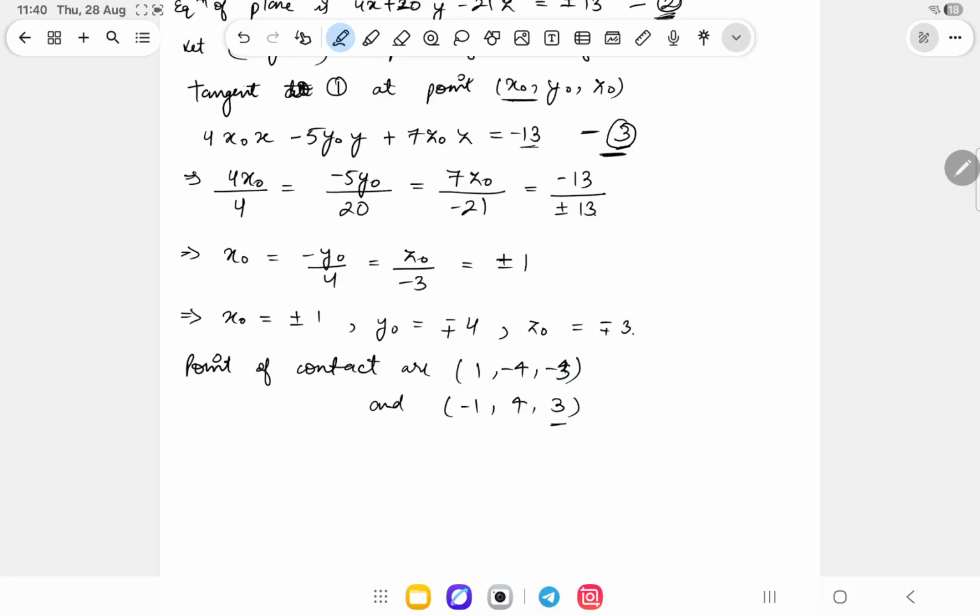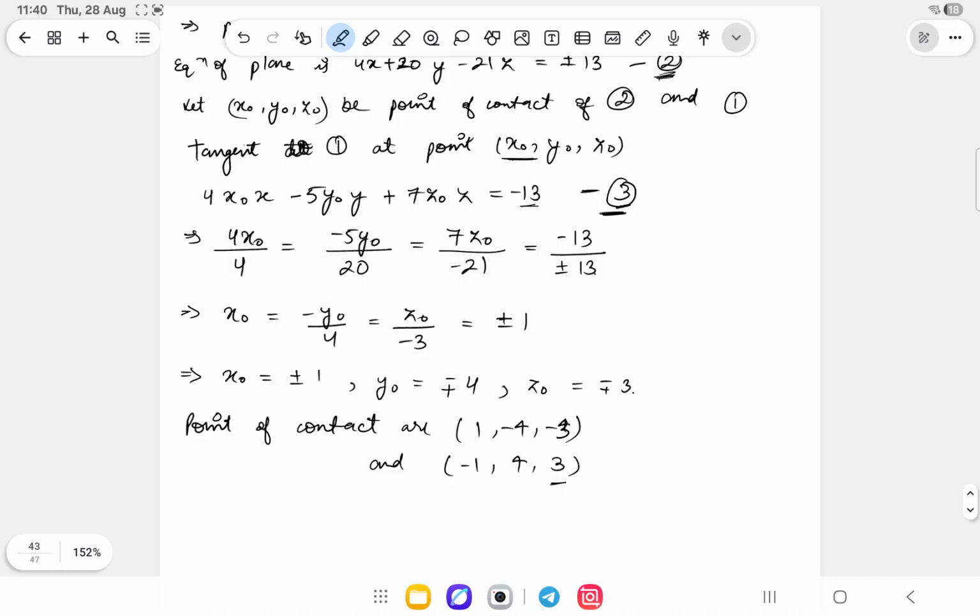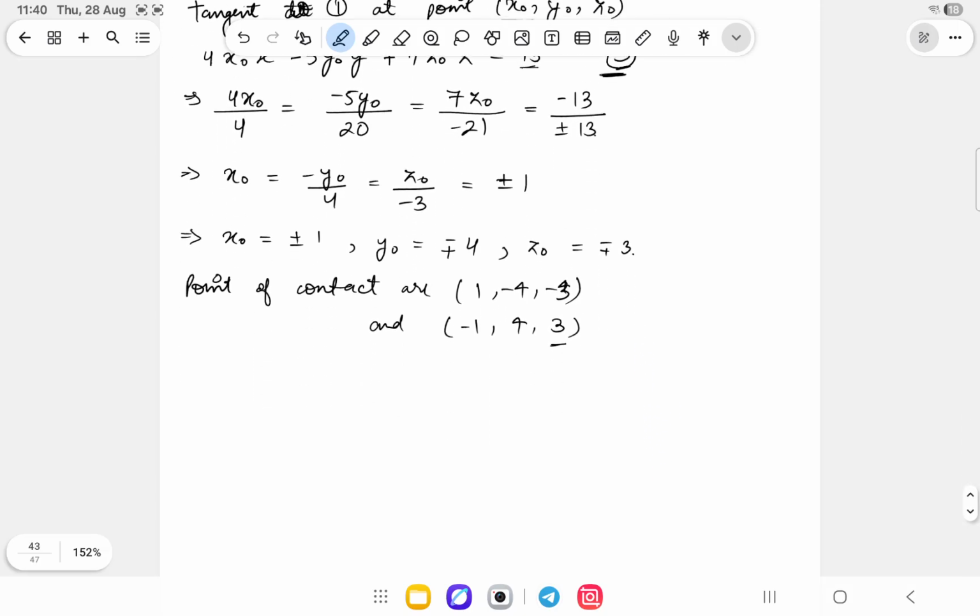So these are the points of contact with respect to these two given planes. Also you can just substitute these values in the equation of the plane and the ellipsoid equation to verify that this is a touching point of the plane and the ellipsoid.